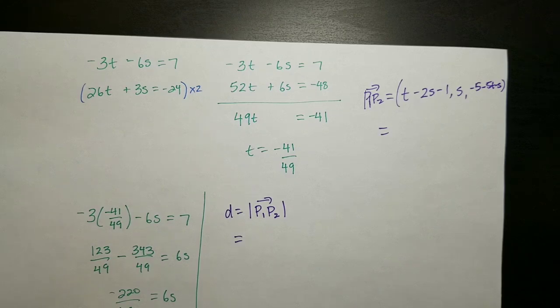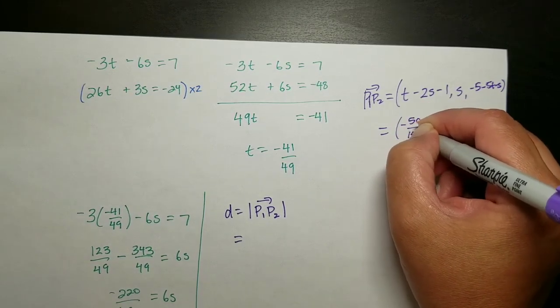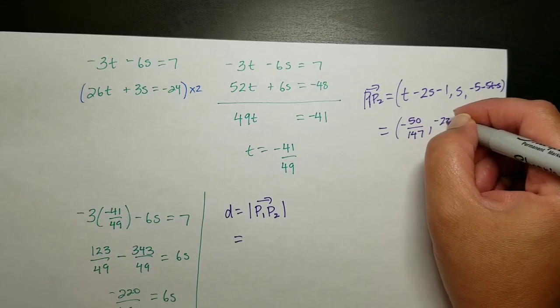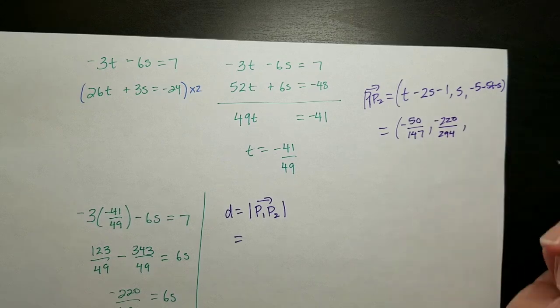So negative 41 over 49 minus 2 times this big mess minus 1. So this is negative 50 over 147. This is just S, so negative 220 over 294.